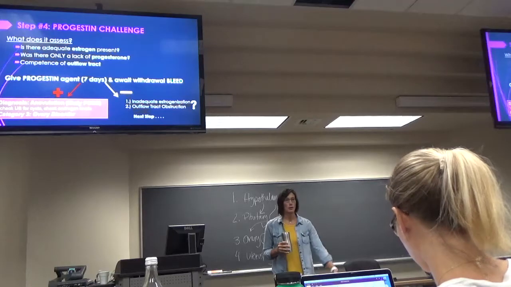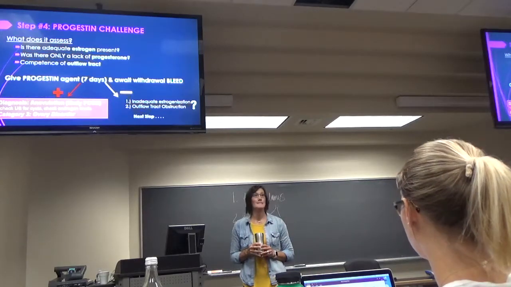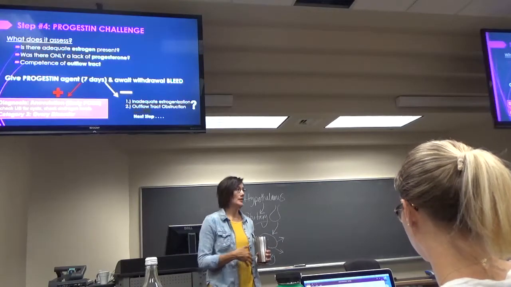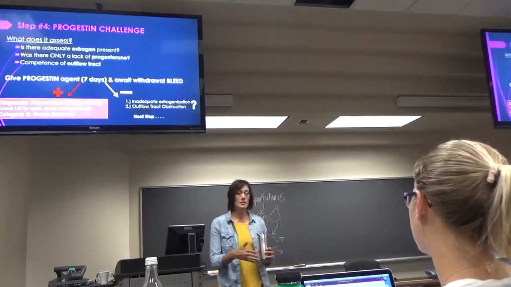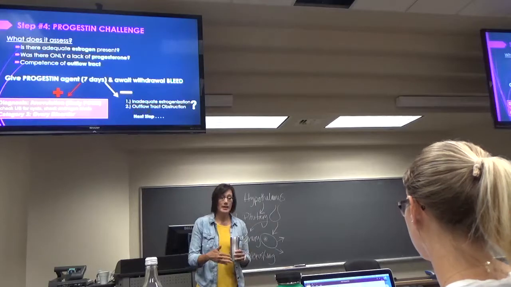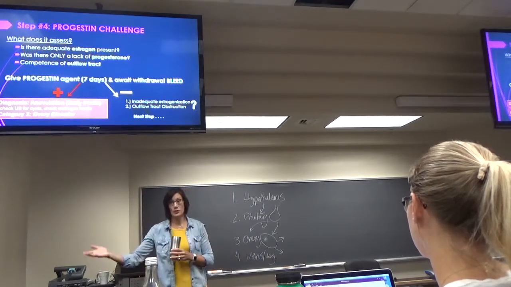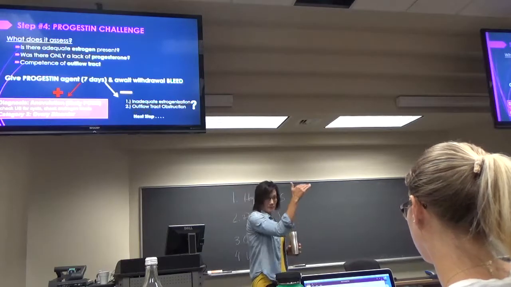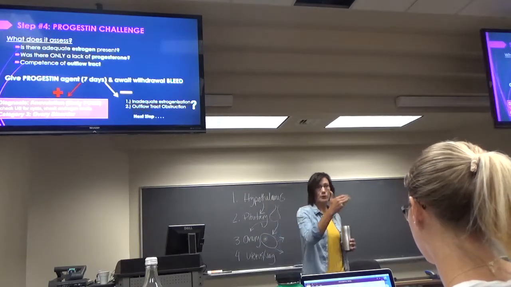Let's say you have a female that's 27, has already had a pregnancy, has already had one D&C, and now her cycles are all messed up. You've ruled out pregnancy, thyroid, prolactin.